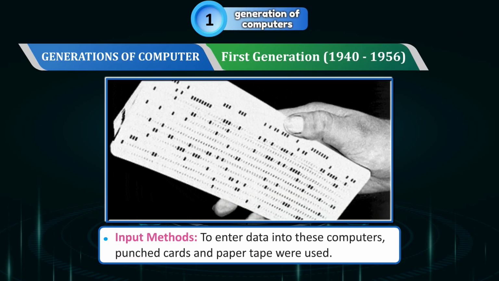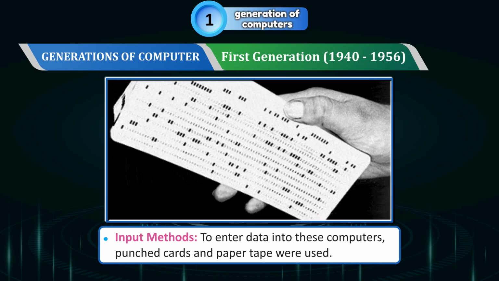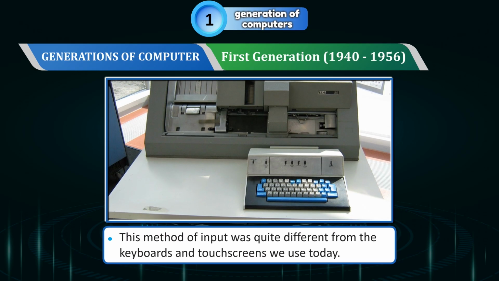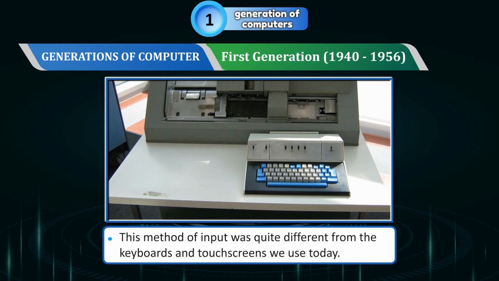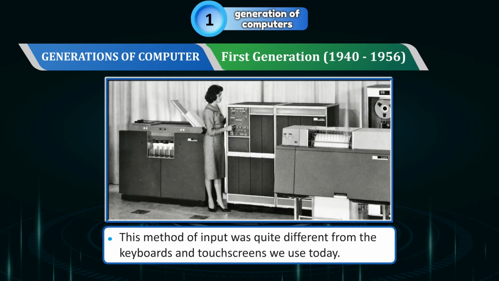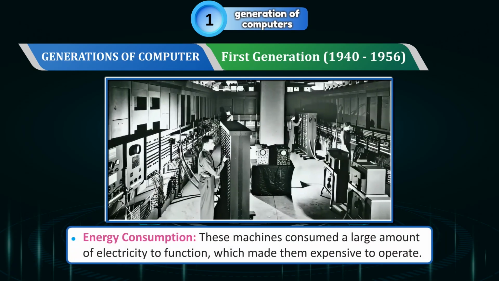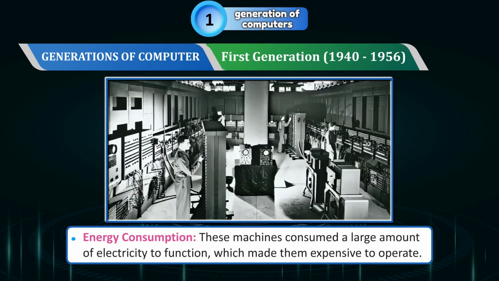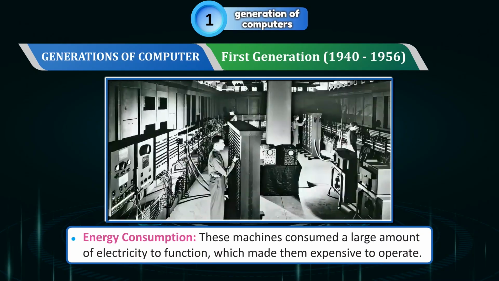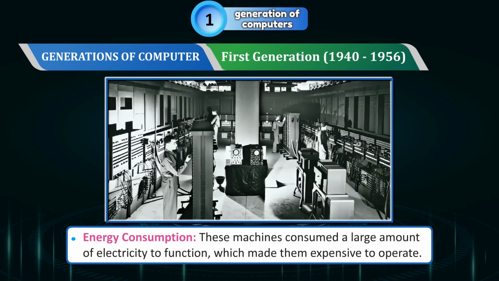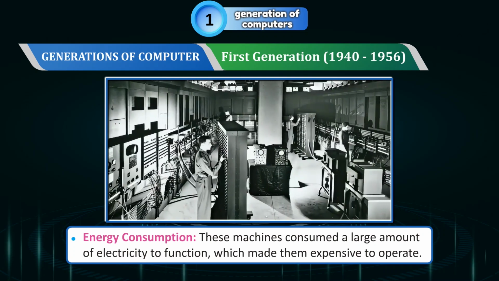To enter data into these computers, punched cards and paper tape were used. This method of input was quite different from the keyboards and touchscreens we use today. Energy consumption. These machines consumed a large amount of electricity to function, which made them expensive to operate.